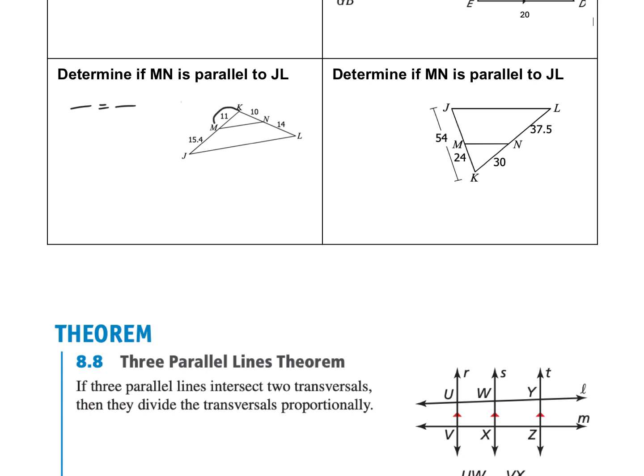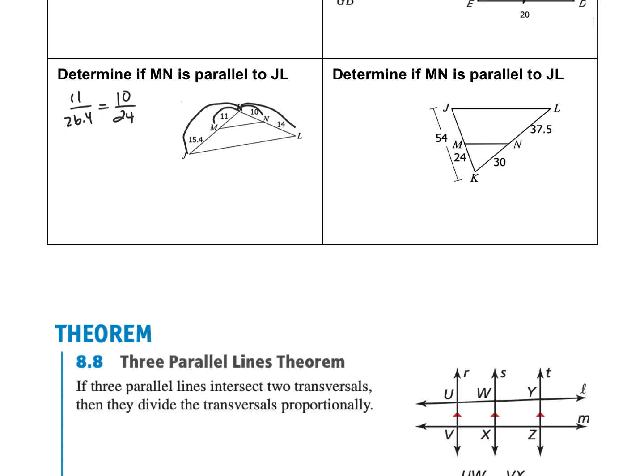Small triangle to big triangle, so we get 11, and then add those two together is 26.4. And small to big, we get 10 to 24. All we care about is, are those two ratios equal?